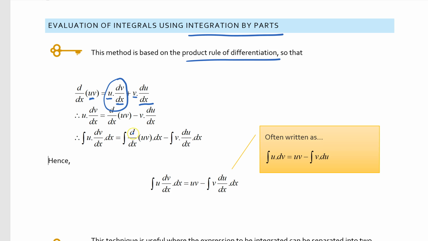And of course the integral of the differential of uv just yields us uv, and then we have this: the integral of u times dv/dx with respect to x equals uv minus the integral of v du/dx with respect to x.